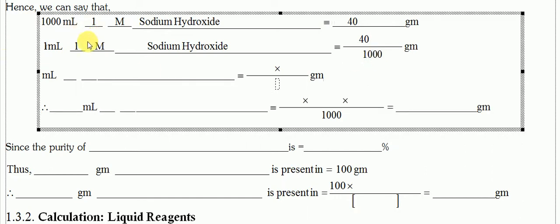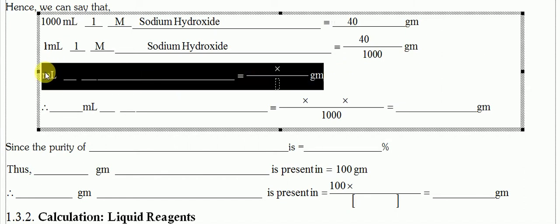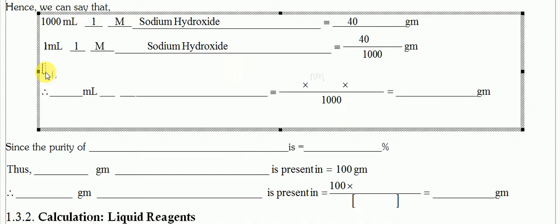Since 1 ml is far less than 1000 ml, it will be a very small amount, so we put the 1000 ml in the denominator and 40 in the numerator. Now this line will not be required by us, so we are omitting it. If we had been calculating 0.1 normal or 0.1 molar, then we would record this line. Since we are calculating a whole number, we do not require this line.